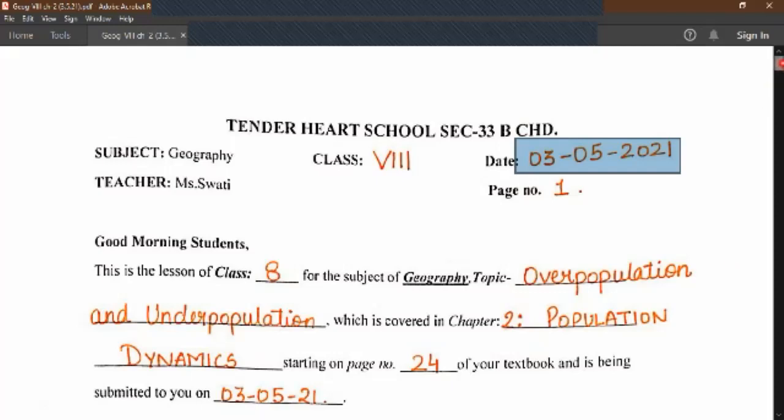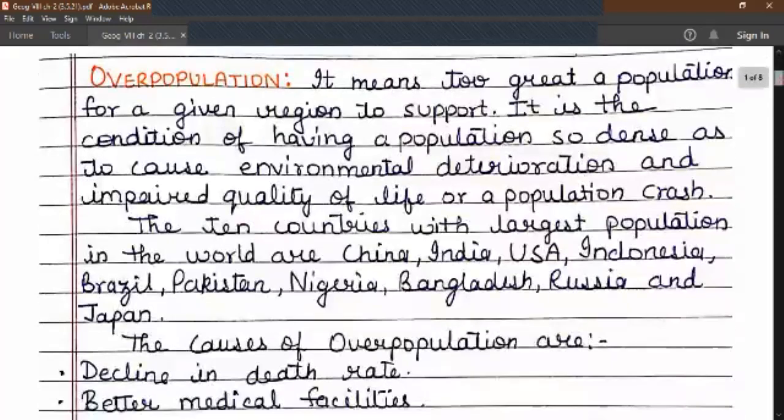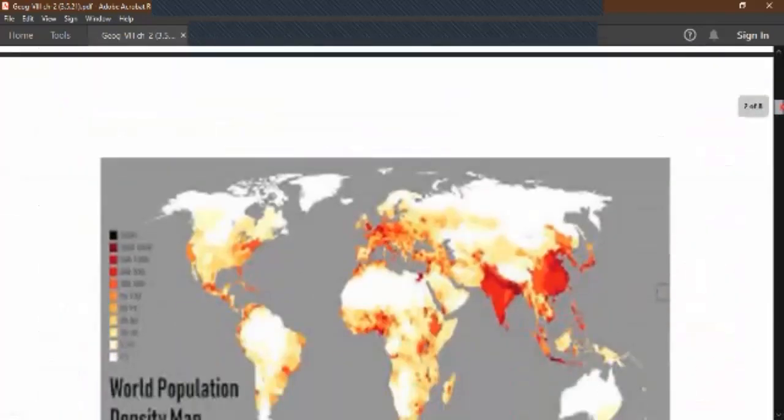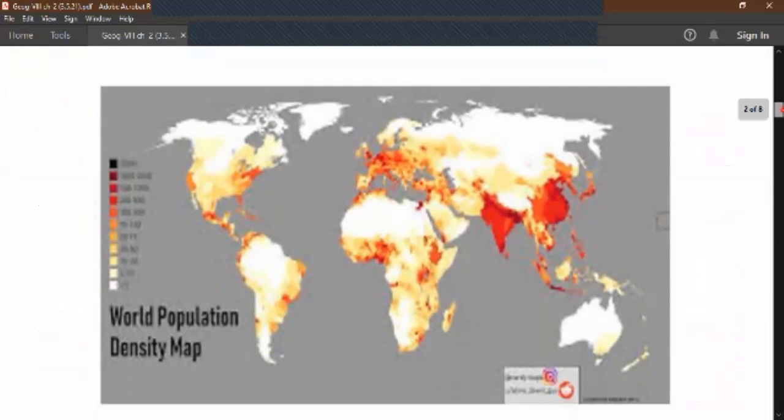Children, in the last session, we have discussed about the population density. As you can see in this map, dark colored regions have a higher population density as compared to the light colored, whitish areas.